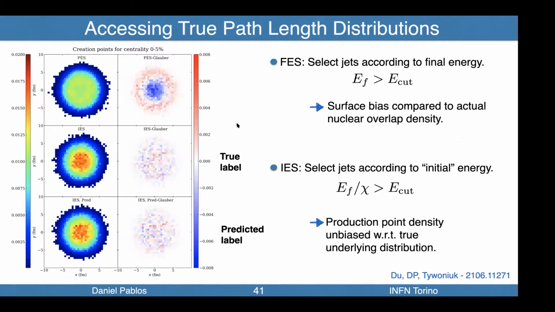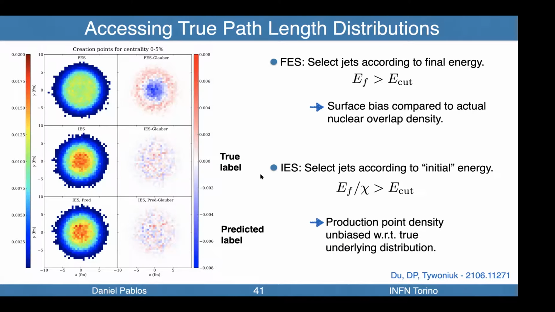For instance, you can try to see the creation point distribution of the jets that you measure, compared to the underlying distribution obtained using Glauber, the distribution used to generate them. If you do final energy selection, the usual method, you see an excess of jets at the periphery: surface bias.